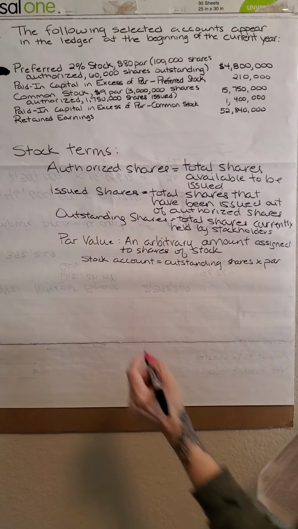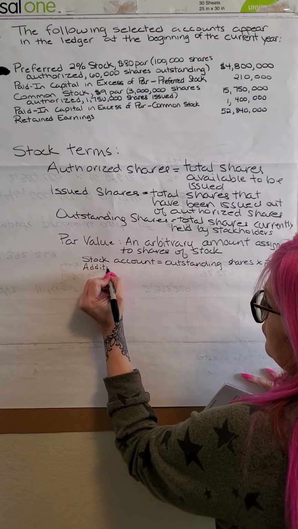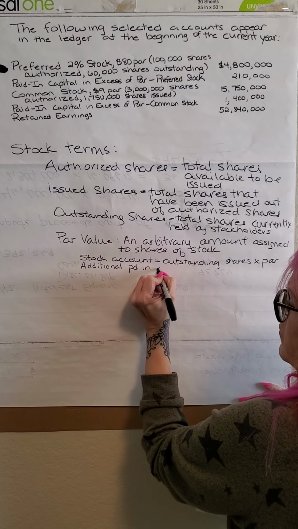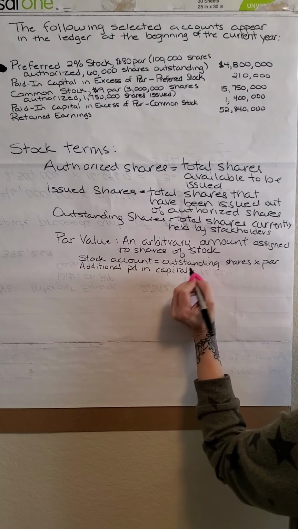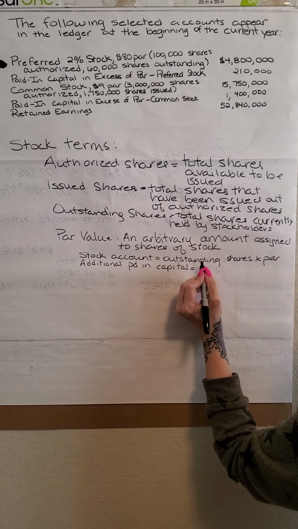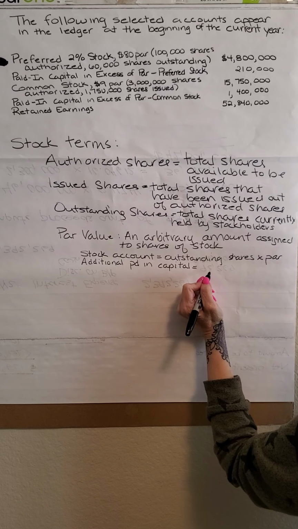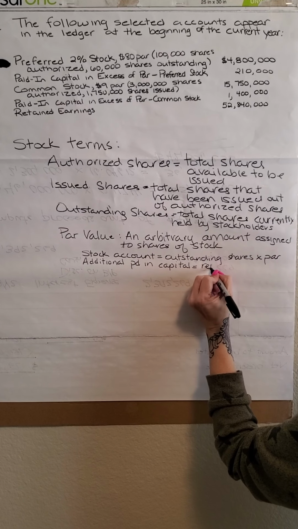And your additional paid-in capital is the amount that was received in excess of the par value, so capital equals the remaining amount.